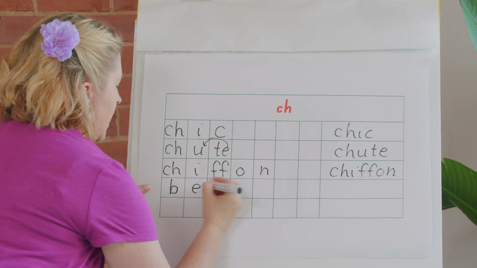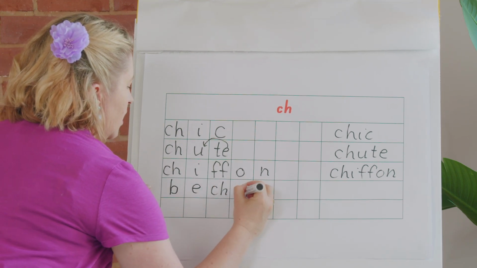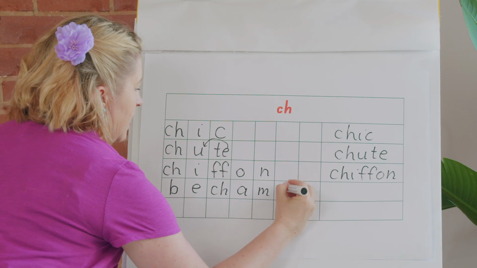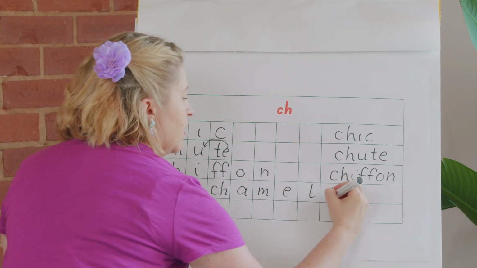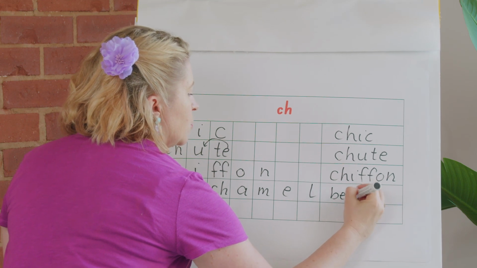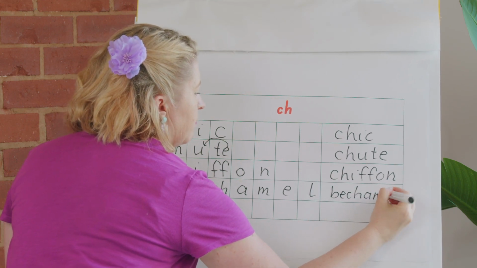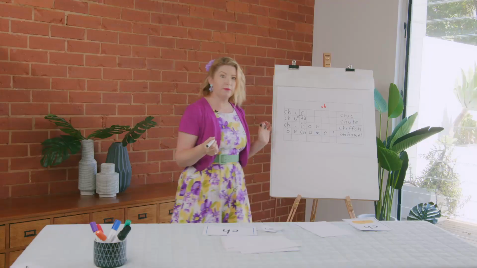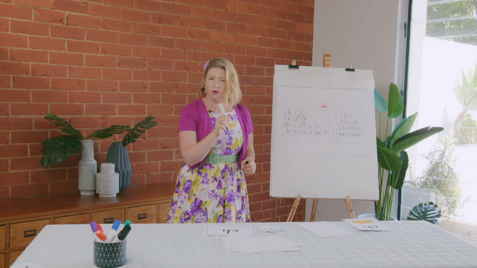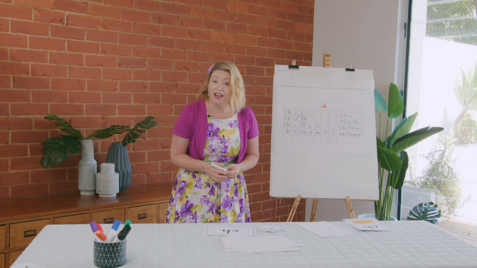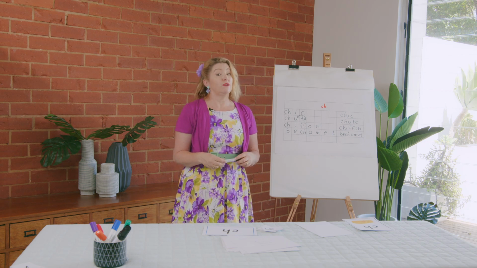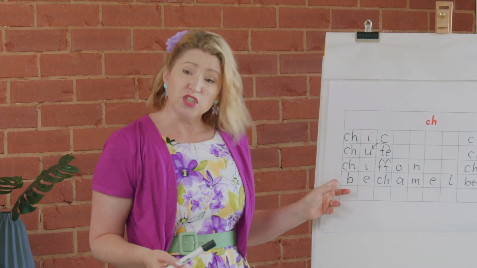B, e, sh, a, m, e, l. Just enough room. Say the whole word. Bechamel. And if I was Garfield, I would know all about bechamel sauce because lasagna is my favourite food. So you might like lasagna too. You might be just like Garfield and like lasagna, and you would know all about bechamel sauce.